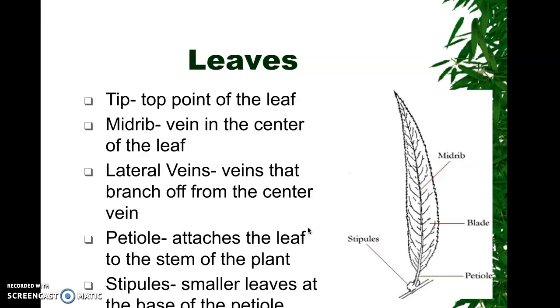The petiole is that little stem that attaches the leaf to the stem. And then the stipules, which are the smaller leaves at the base of the petiole. They're very tiny, but that's just from the growth from the leaf.